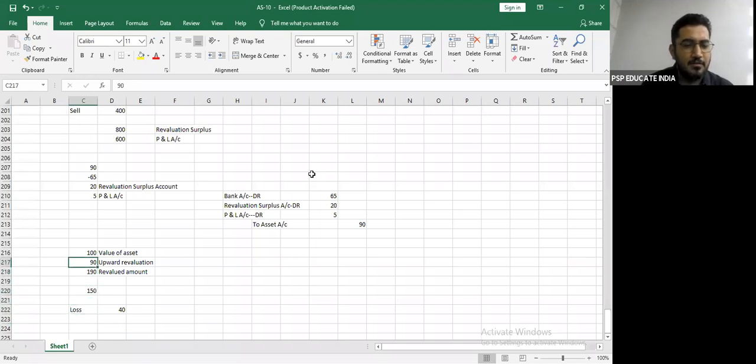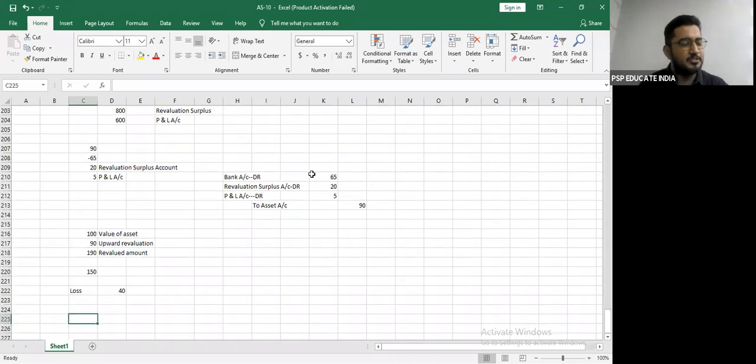Okay. Simple question I am asking you. After adjusting from revaluation surplus account, do you still have balance in the revaluation surplus account? Yes or no? After adjusting from revaluation surplus, you still have balance. How much balance do you have in the revaluation surplus account?